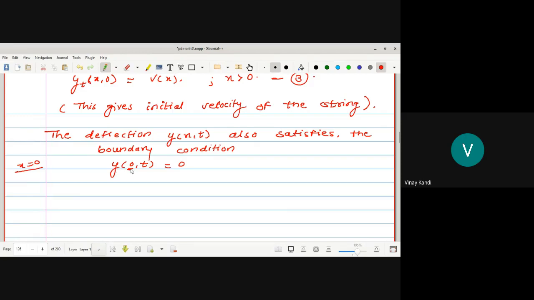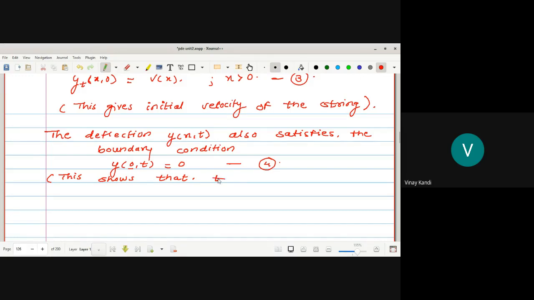Also y of 0 and t. What will the deflection be at x is equal to 0? It will be 0. Okay, give it as equation number 4. Now this shows that, write in the bracket, this shows that there is no deflection of the string at the fixed point x is equal to 0.